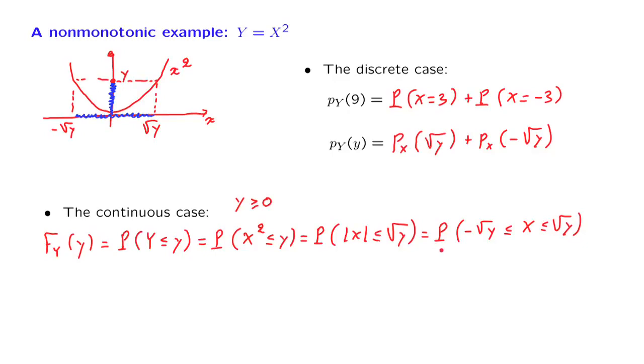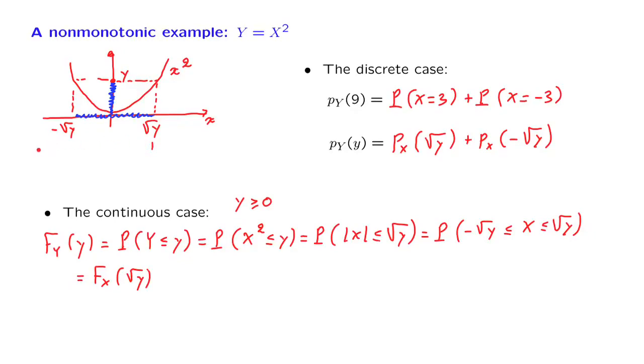Now we want to express this probability in terms of the CDF of X. The probability of this interval is equal to the probability that X is less than or equal to the square root of y. This is the probability from minus infinity up to the square root of y.